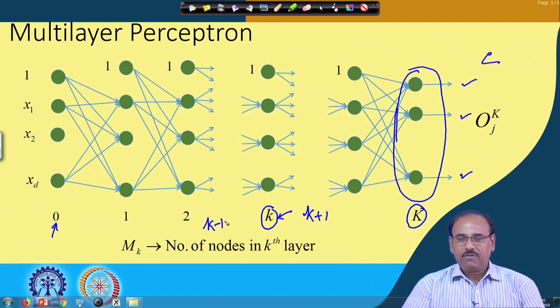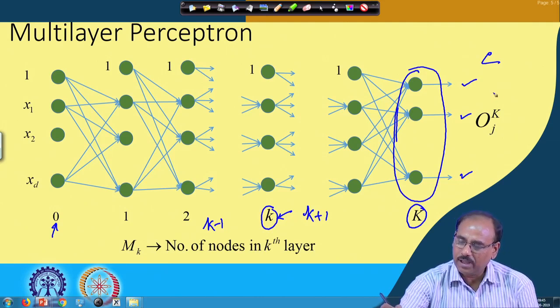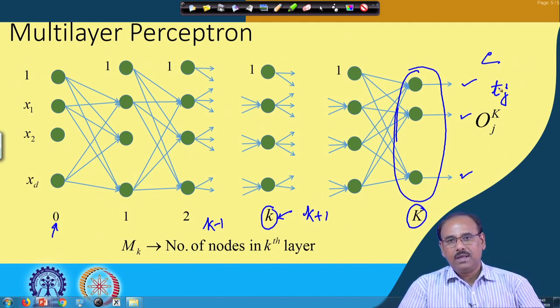Now, coming to the error function or the loss function which we want to optimize while training this neural network, you can easily imagine that we can only compute the error function at the output layer, because it is only at the output layer that I know what my target output Tj is.